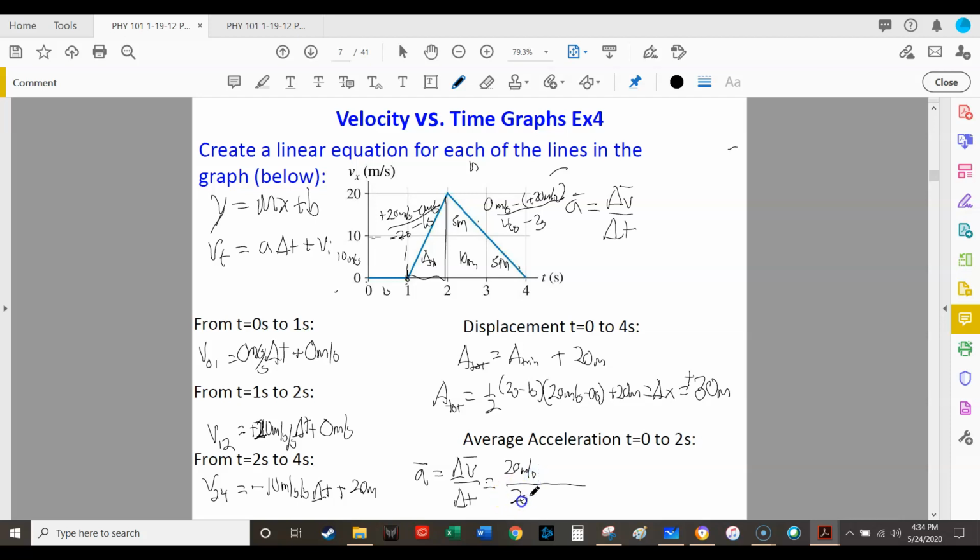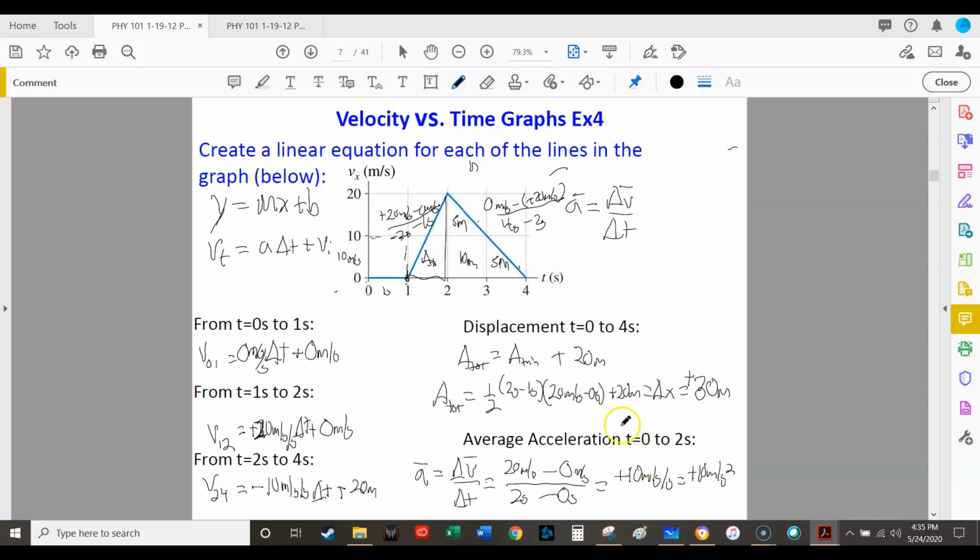And it started out at 0 meters per second at the 0 second mark. So the average of 0 and this 20 meters per second is going to work out to be 20 divided by 2, which is positive 10 meters per second, or positive 10 meters per second squared.